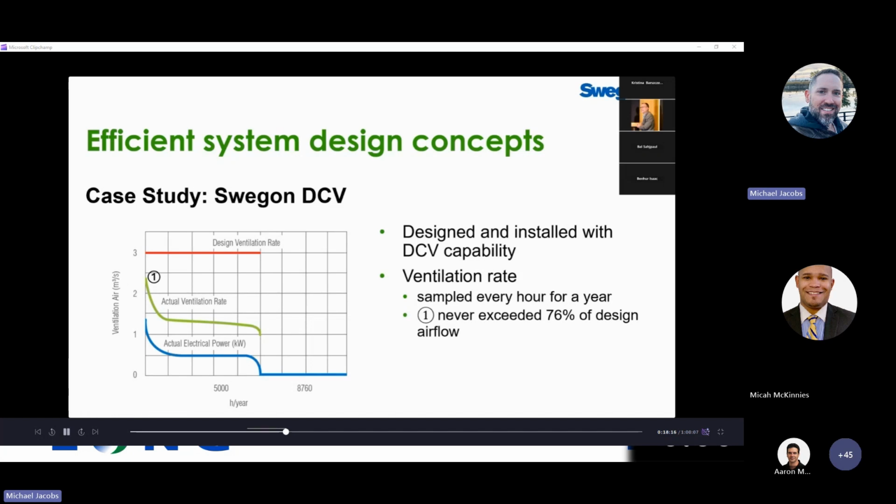The first point there is that we never needed more than 76% of the design airflow. That's exactly what you should expect out of a DCV system. There could be an argument that maybe they oversized the system. What we don't know is maybe they did oversize the system for a future expansion or something.